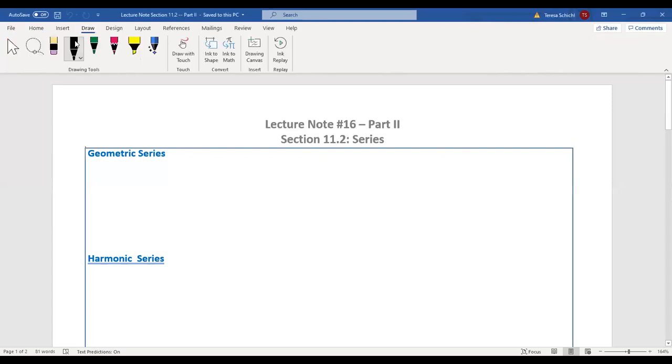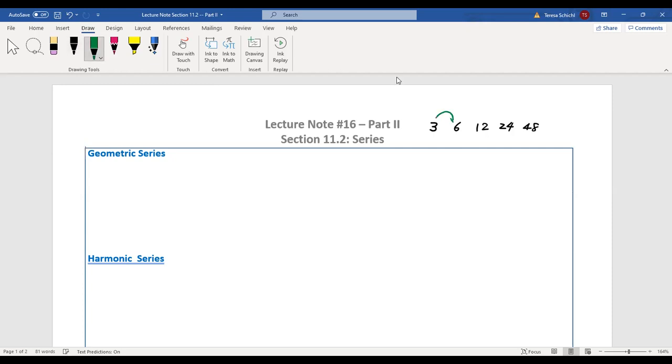The geometric series is a series whose terms differ by a ratio. What I mean is, for example, if the first term is 3, then the next one is 6, then the next is 12, then 24, then 48.